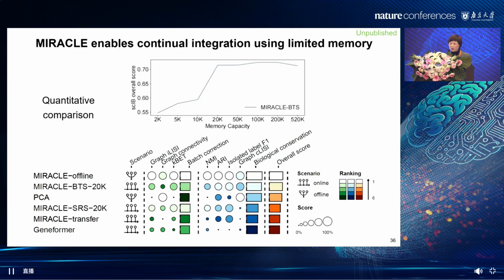We tested the Miracle on a large human data set. We found that Miracle integration performance improves with memory capacity, saturating around 20K memories, just 1/26 of the total memory size. Using just 20K memory, BTS Miracle achieves performance comparable to the offline gold standard and significantly outperforms Miracle Transfer, Miracle SRS, offline PCA, and the pre-trained model GeneFormer.